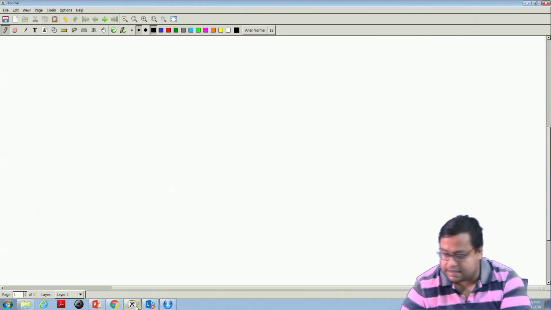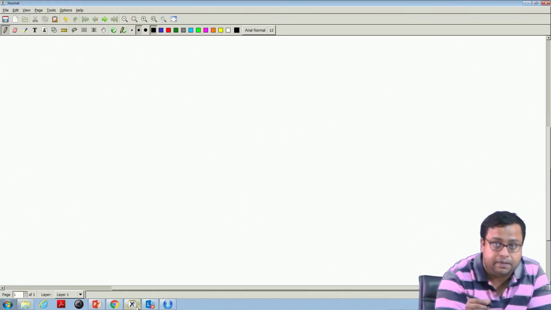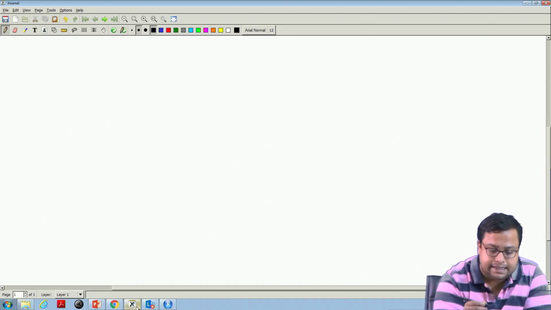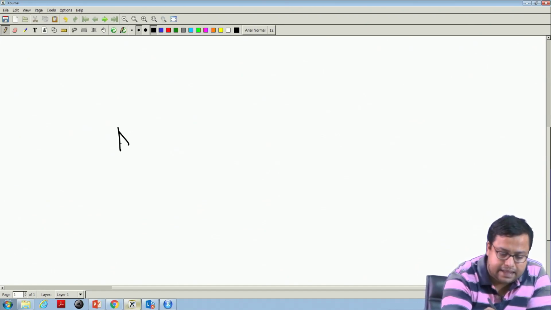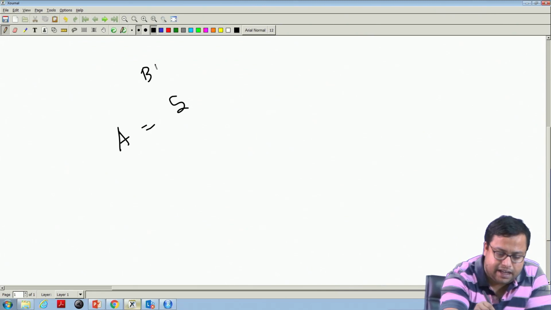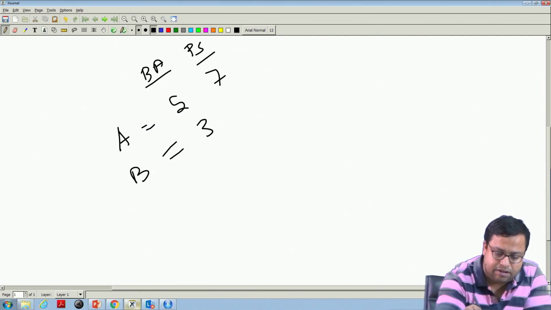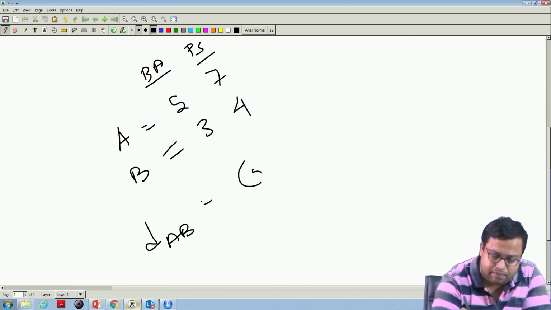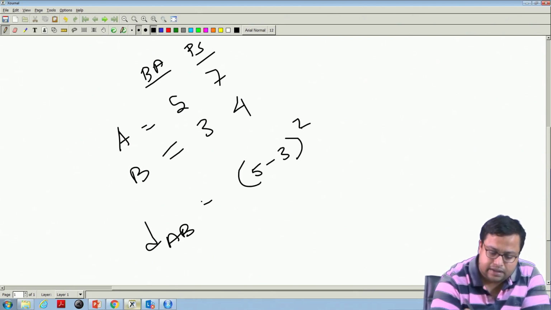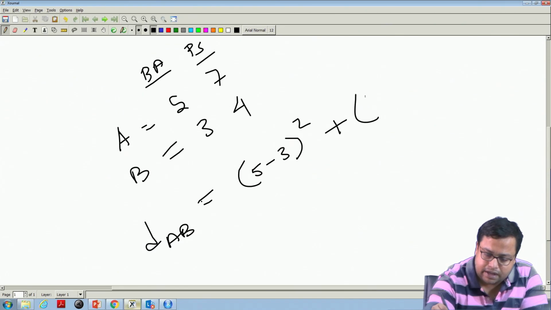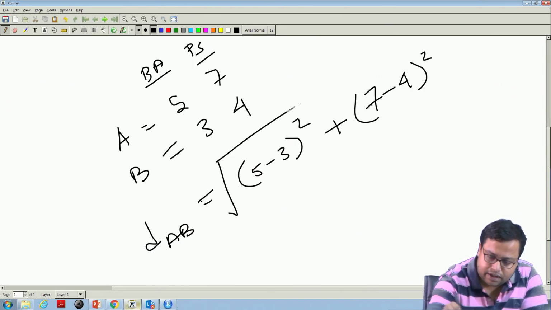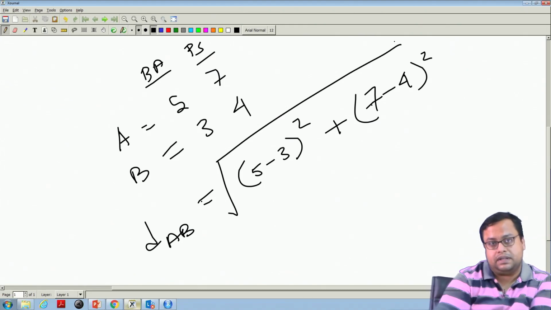Let us say A has brand awareness 5 and price sensitivity 7, and B has 3 and 4. The distance between A and B is the square root of (5 minus 3) square plus (7 minus 4) square. That is a Euclidean distance.